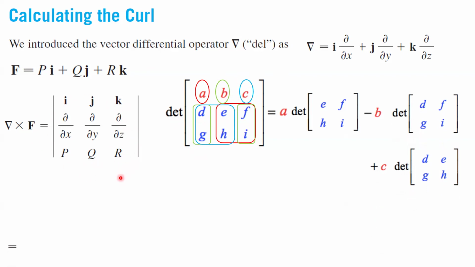The determinant of this 3x3 matrix is our curl. So the curl is equal to i times the partial derivative of r with respect to y minus the partial derivative of q with respect to z.